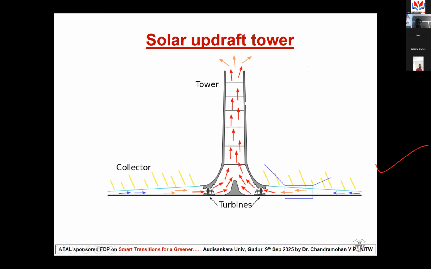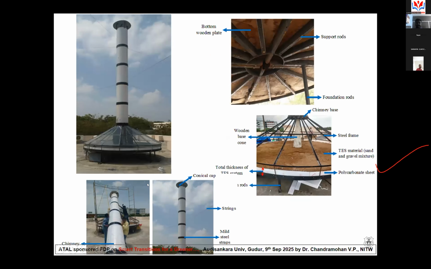When the air is automatically drawn inside the tower, we can keep a turbine. In this 2D diagram, we are keeping the turbine here, one inlet and one here. The turbine is kept in this location.